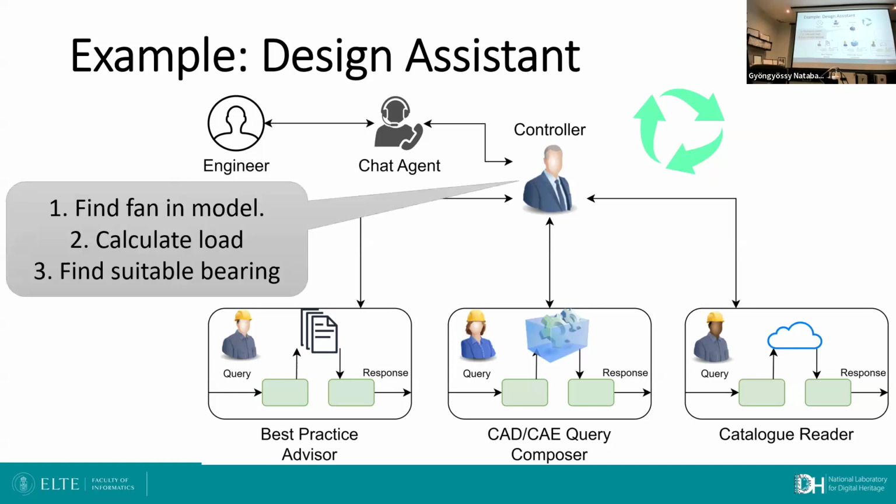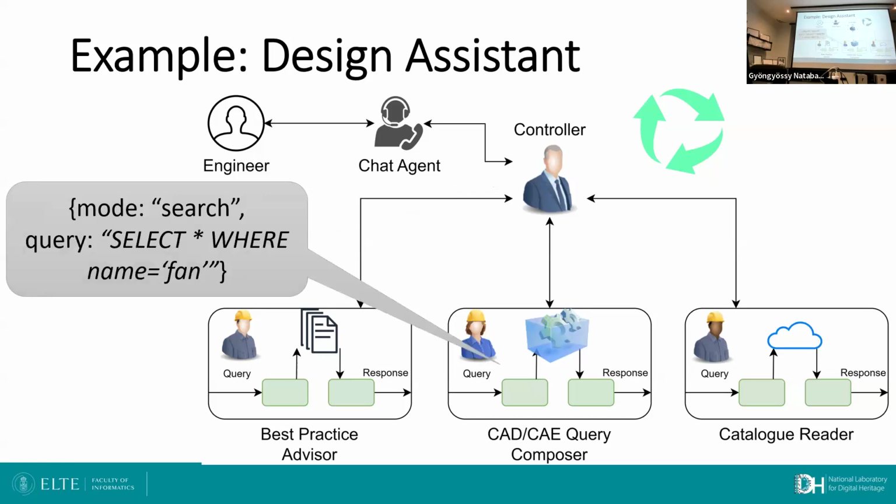Well, you have to first find the fan in the model according to the controller, calculate the load, and find all the suitable bearings. So then the controller passes the first task to the computer-aided design agent, which will write this query to the API of our 3D modeling software. This is an imaginary 3D modeling software.